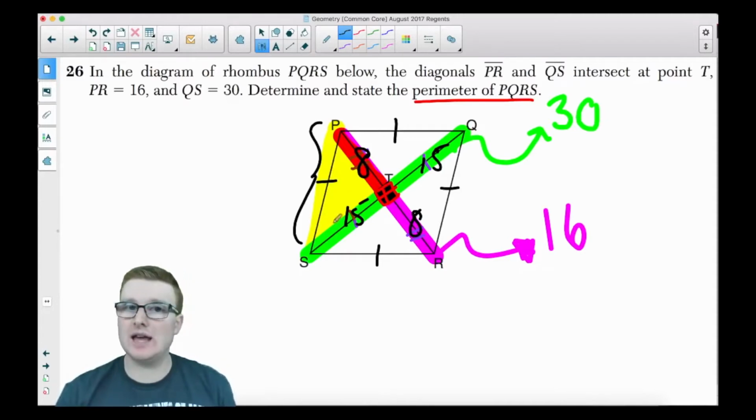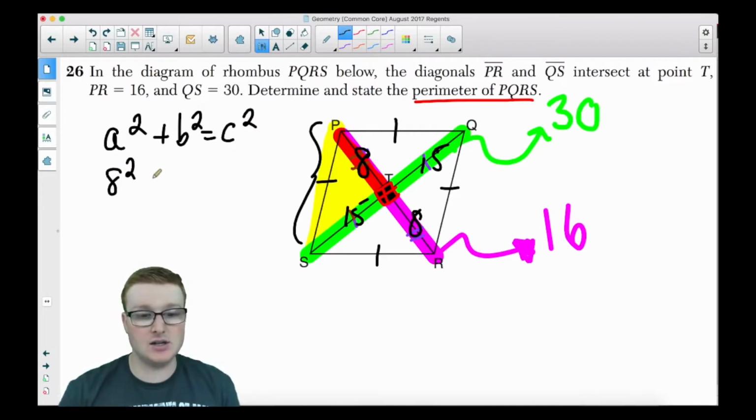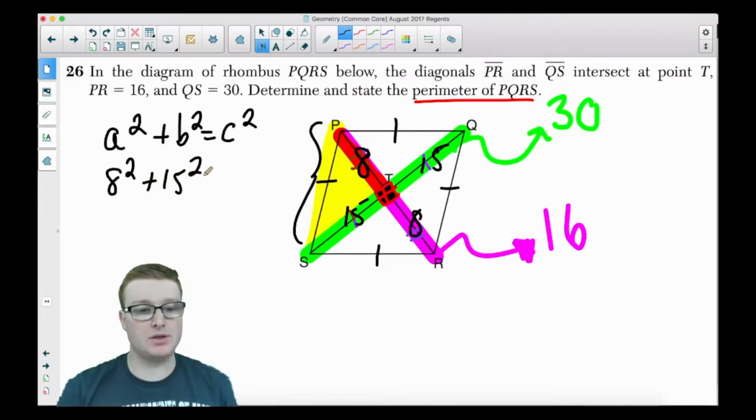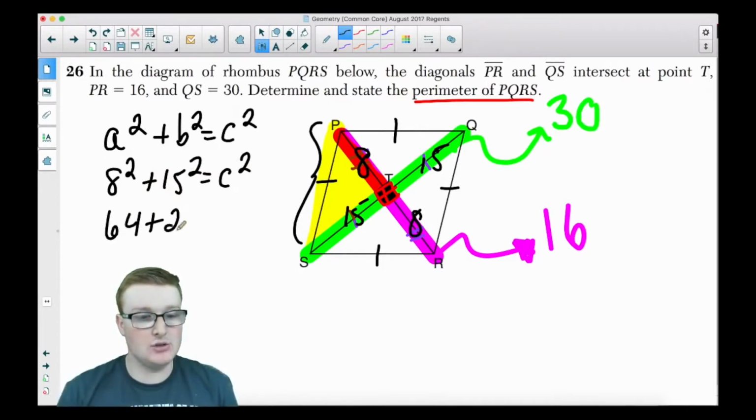If we're given 2 legs of a right triangle, we could solve for the hypotenuse using the Pythagorean theorem, which is a squared plus b squared equals c squared. I'm just going to take the 2 legs, which are 8 and 15, square them both, and that equals c squared. So we get 64 plus 225 equals c squared. 64 plus 225 is 289 equals c squared.